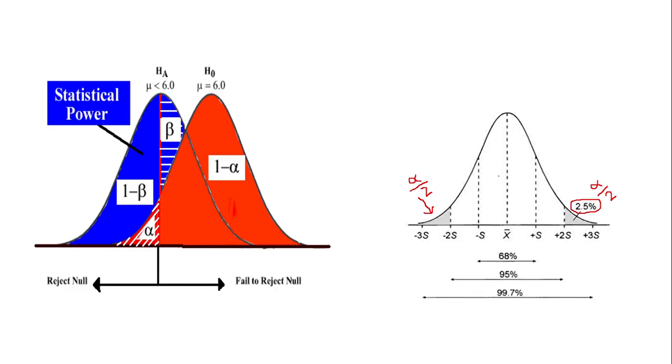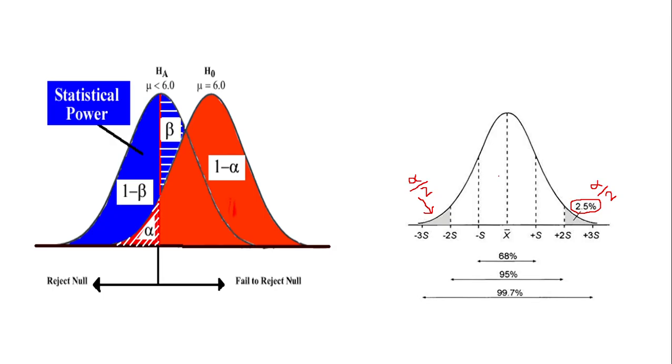This is the diagram showing the bell-shaped curve, showing the alpha error, beta error, 1 minus alpha, and 1 minus beta. H0: mu is equal to 6.0; HA: mu is less than 6.0, and statistical power. From the left it is reject the null hypothesis, and to the right it is fail to reject the null hypothesis.